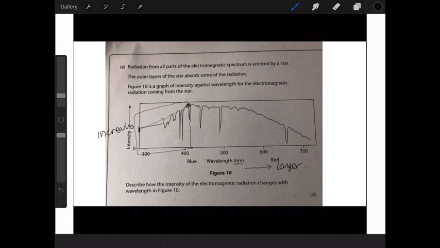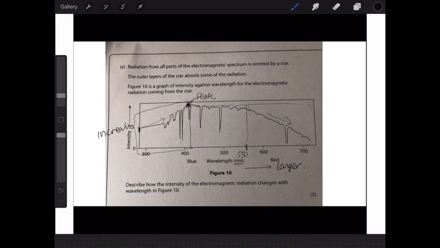And then from this peak point, it's pretty much the same all the way up to about 550 nanometers. It's pretty much the same intensity, even though the wavelength is getting longer. But then after that point, in this third section, in general, as the wavelength gets longer, the intensity appears to be decreasing.